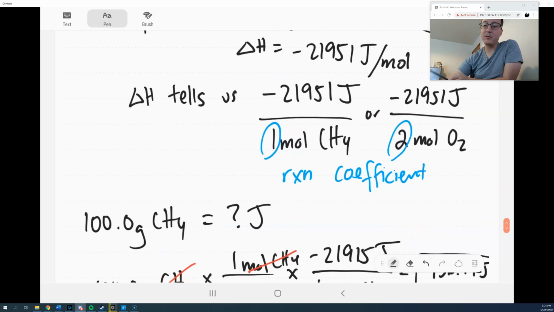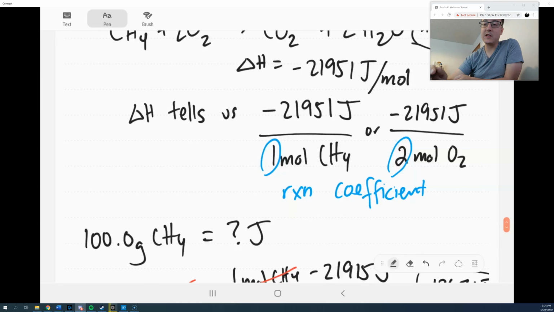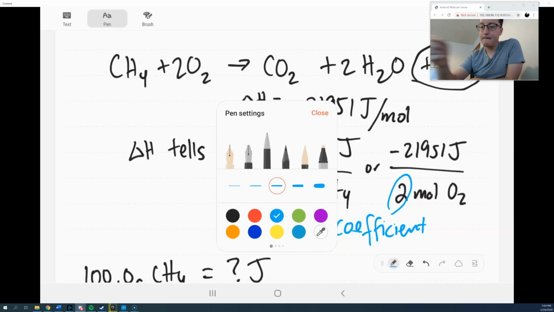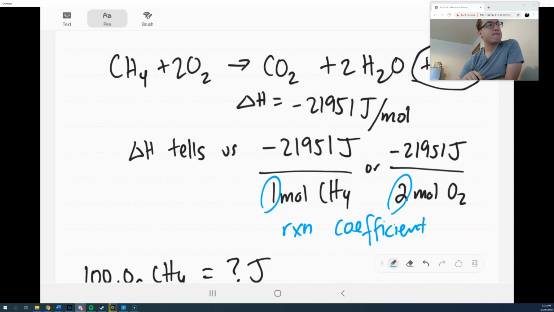The only thing you have to remember is delta H is always related to your reaction coefficients. So what would our conversion factor be for water with this delta H? Marissa's going to give us the answer here.